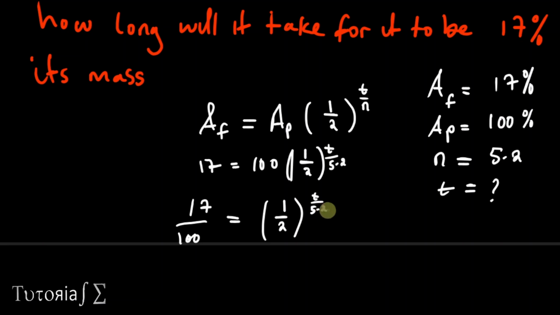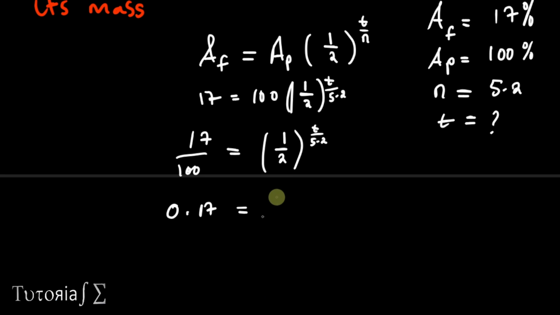Then here, what do we do? 17 divided by 100 is going to give you 0.17, which is equal to 1 over 2 to the power T over 5.2.